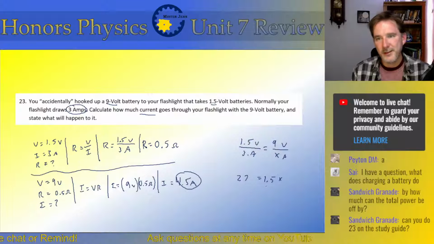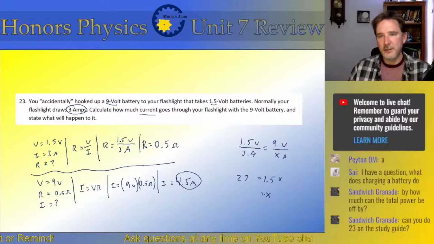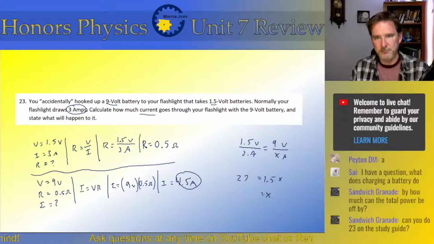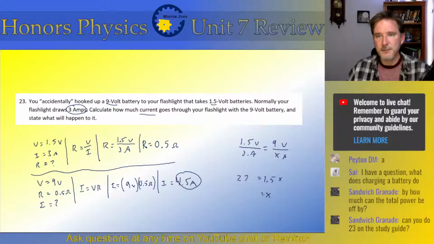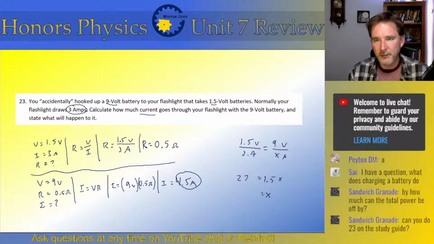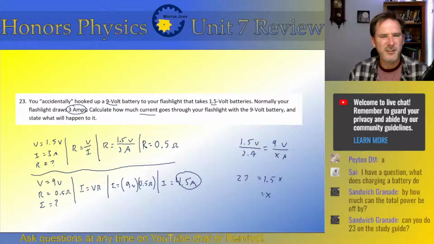Hope this works. So if I divide 27 divided by 1.5, hope I get the same answer. I didn't. I got 18. Something's wrong. Maybe you should do it the first way. I somehow screwed this other one up. Volt amps. What did I do wrong?